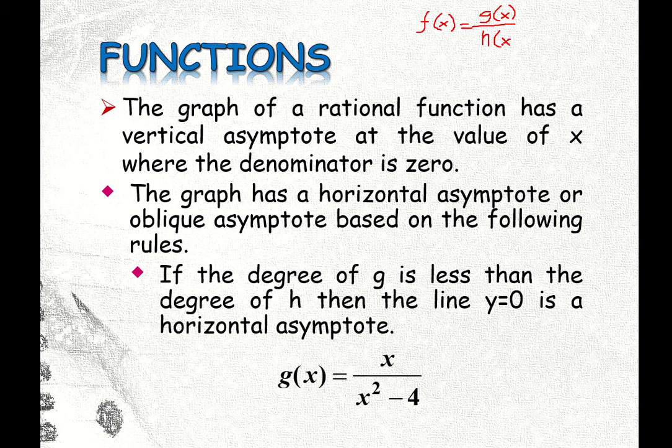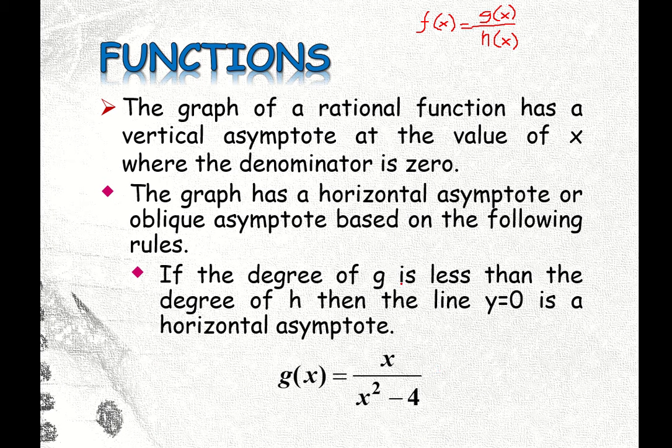Degree means the exponent of the variable. For example, if you have here x, the degree of this one is understood to be 1, meaning the exponent of x is 1. Here the degree is 2, the exponent of x is 2. So that is what is meant by degree.